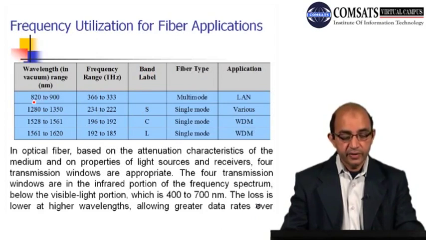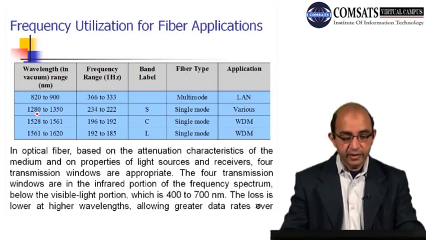So here we have the wavelength in nanometers, 820 to 900 nanometers, and this is in terahertz, very, very high, 366 to 333, right? And multimode fiber, and the application, we can use this in LAN.